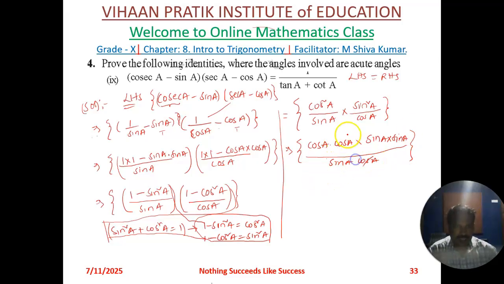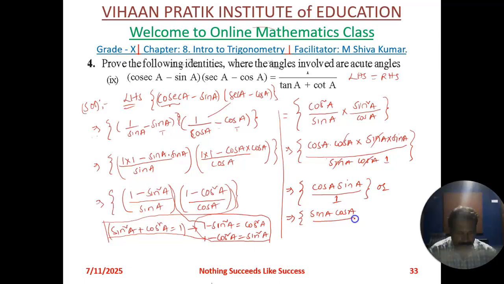So one cos cancel, one cos cancel, one sine cancel, one sine cancel. So in the denominator we have 1, which will equal to cos A sine A divided by 1, or we can rewrite it as sine A cos A divided by 1. Both are same.